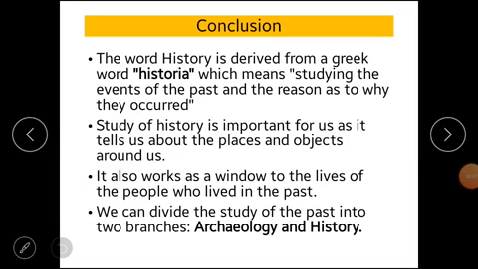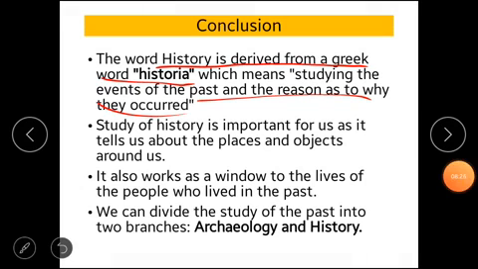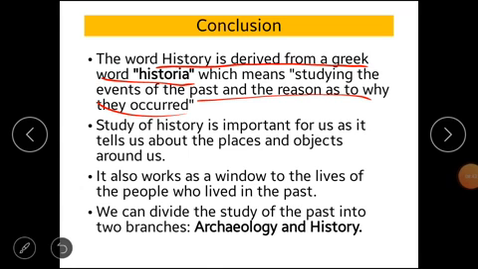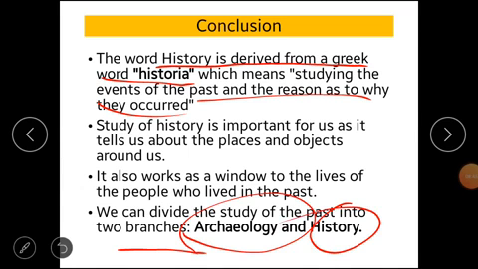We discussed what history is, and that it has been derived from a Greek word, historia, studying the events of the past and the reason of their occurrence, and the importance of studying history because it tells us about the places and objects around us, and it also allows us to look into the lives of people who have lived in the past, and also the division of the study of the past into 2 branches. One is archaeology and another one is history.